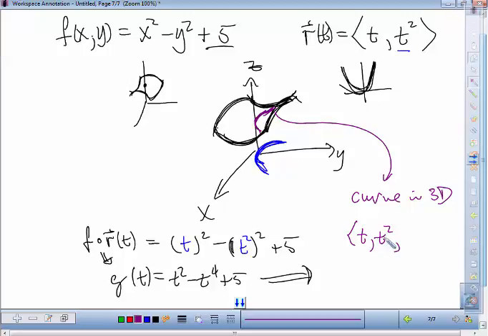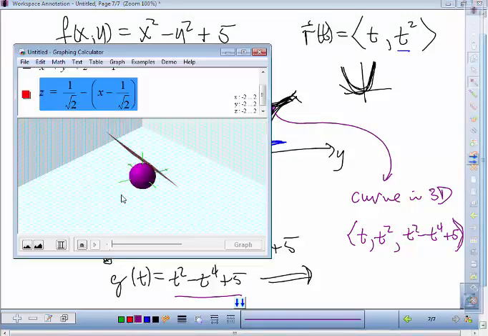And then if I changed it to be on the surface, I would have to put in this function on the surface as a z component. So this would be t squared minus t to the fourth, plus 5. Okay? All right, let's take a look at that in a graph.